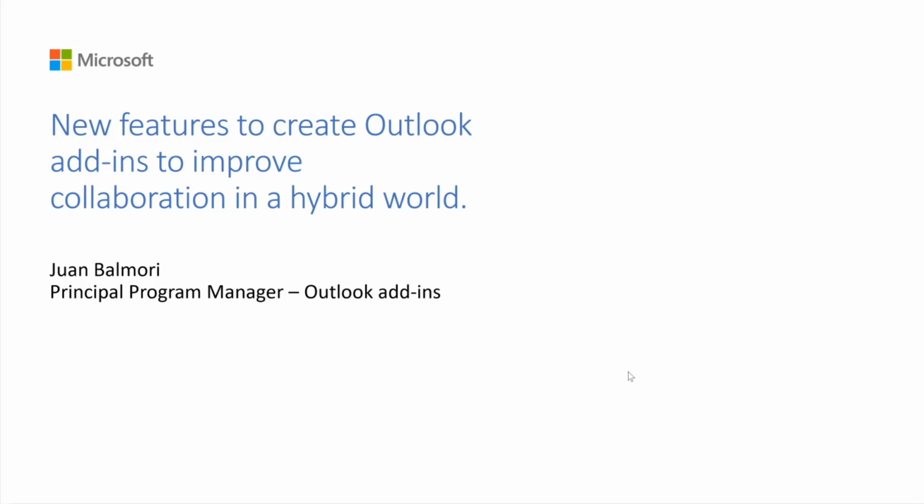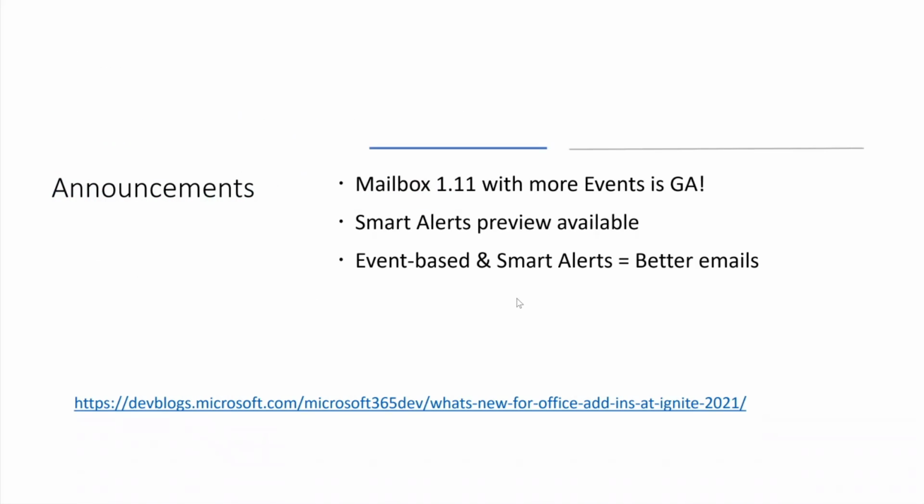I'm going to focus on the Outlook part because I am the Outlook PM. Basically, during the event, we announced two important updates. The first one is that our Mailbox 1.11 requirement set is GA. So we're going to talk a little bit more about what's included here.